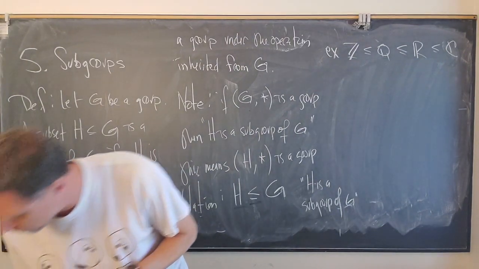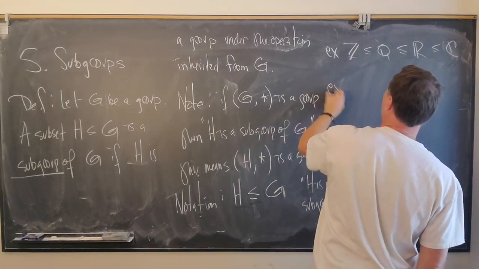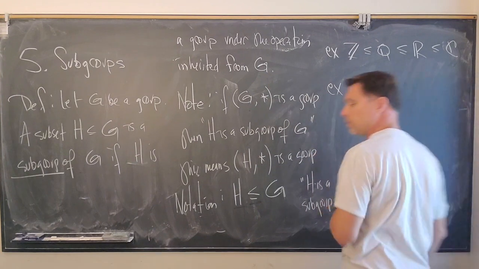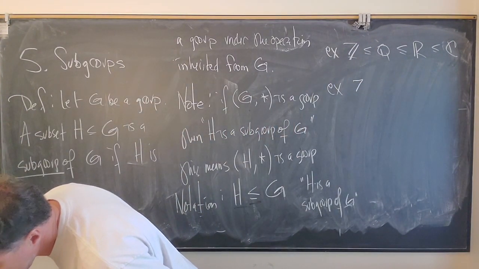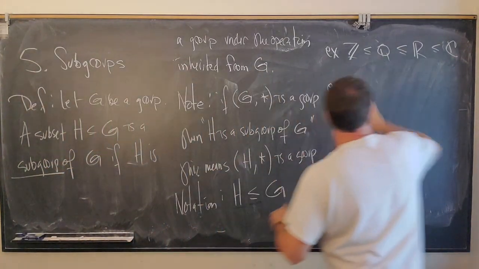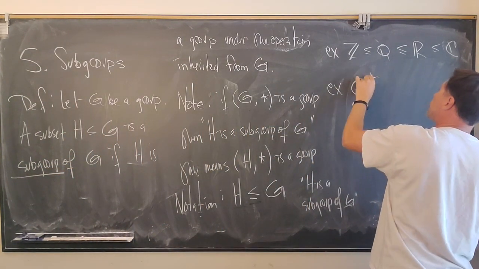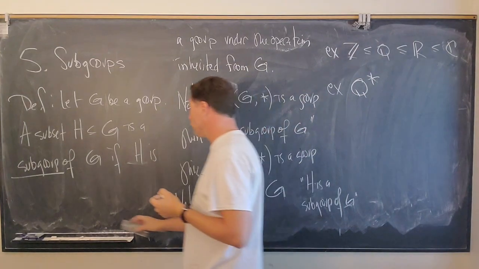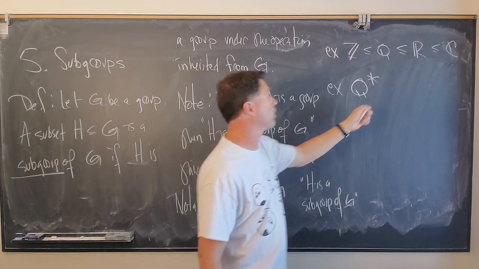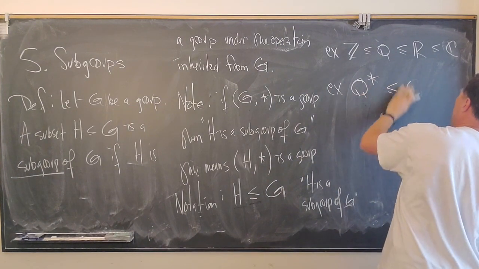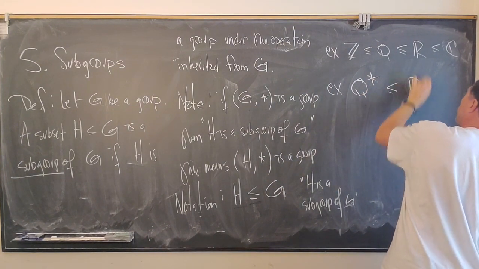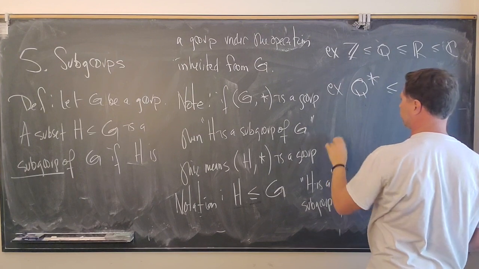What else do we have here? Q star, now that is the group of non-zero rational numbers under the operation of multiplication. That is a subgroup of R star.